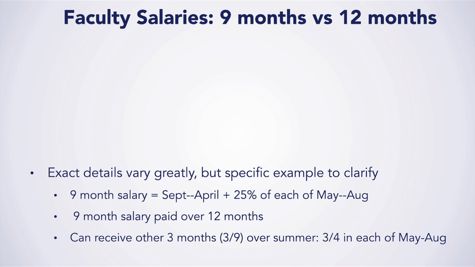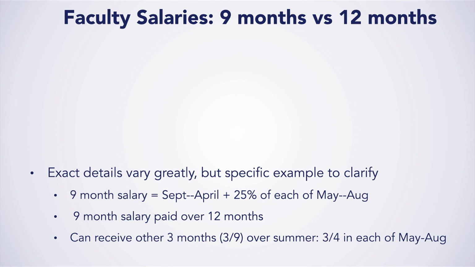This is something where the exact details vary from school to school, but I'm going to just set some specifics to clarify it. So let's say that your 9-month salary reflects 1 month each for September through April, the academic year, and 25% effort from May through August.